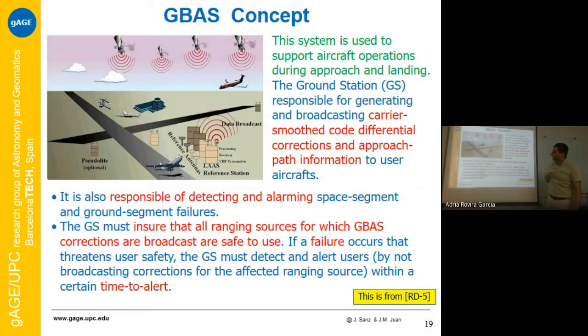So this is the idea. We have to deploy a ground infrastructure. First idea: within the airport, at a civil airport facility, we have to install what we call a reference station.